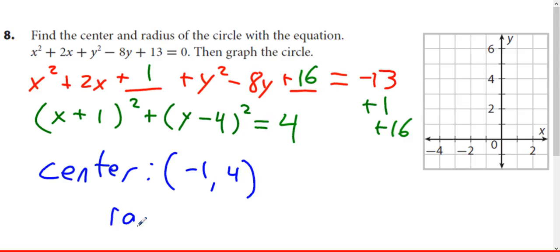And our radius is 2. You have to take the square root. So the center is -1, +4. Put your point, and then go 2 up, right, down, left, draw the circle.